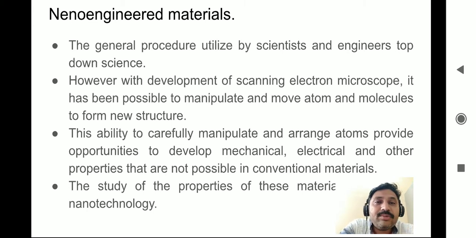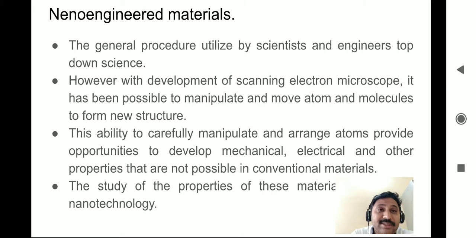However, with the development of the scanning electron microscope, after the invention, it has been possible to manipulate and move atoms and molecules to form a new structure.